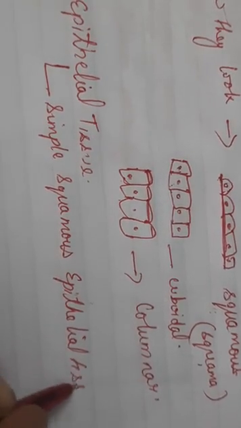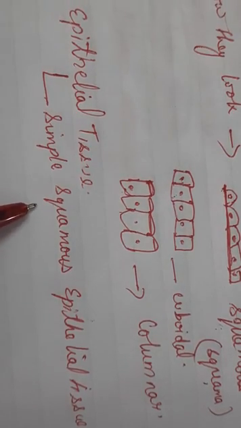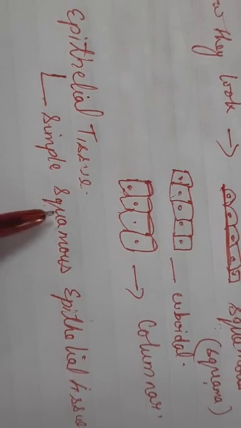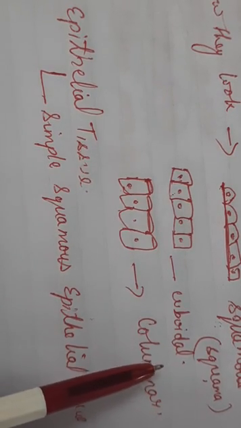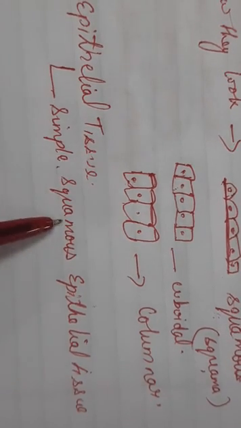Now just now I told you squamous means a single line. Okay, so squama, I told you, means scales of the skin. So in our skin also, these simple squamous epithelial tissues are very thin and flat.